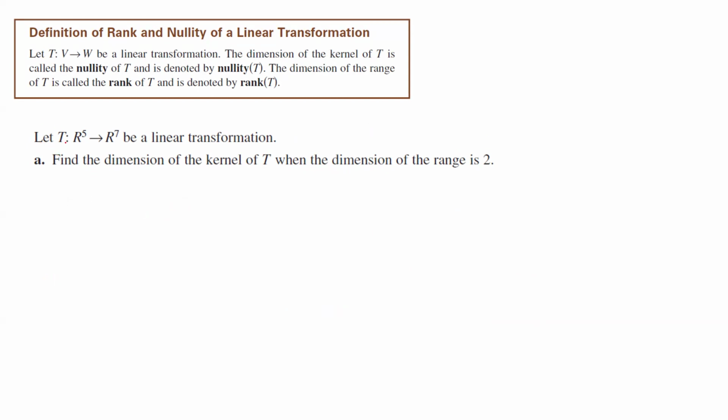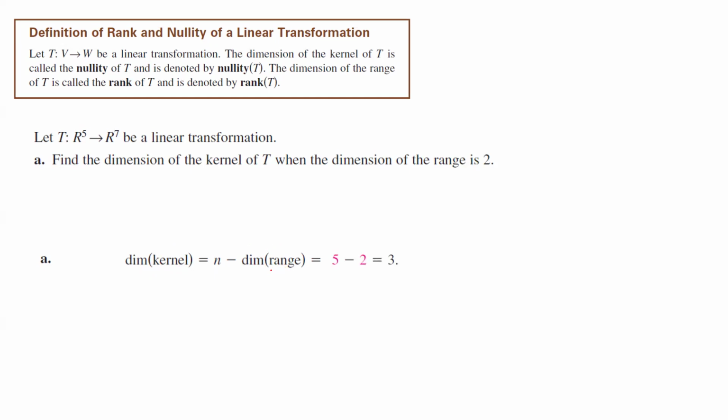Suppose T is a linear transformation that maps the 5-space to the 7-space. Find the dimension of the kernel of T when the dimension of the range is equal to 2. Well, the dimension of the kernel of T is n minus the dimension of the range.